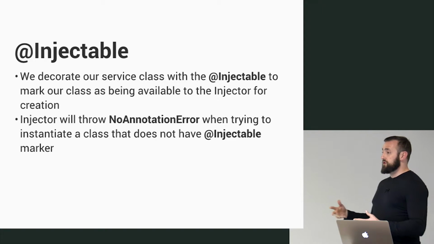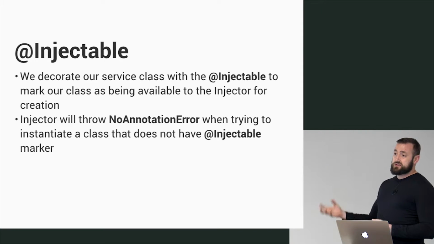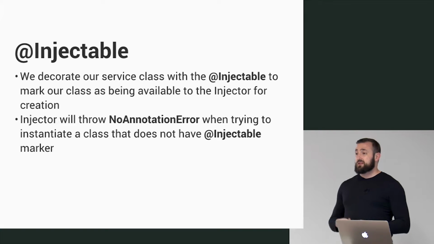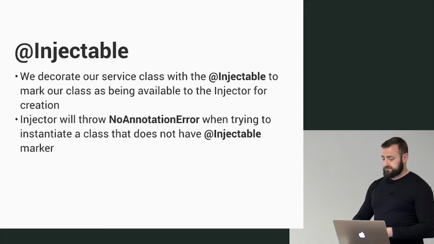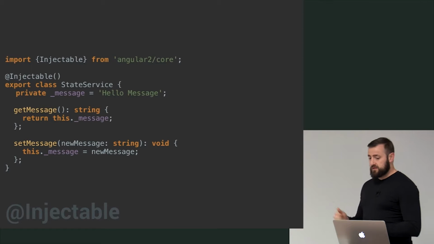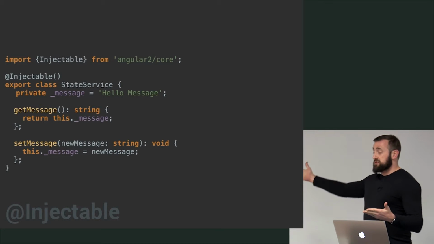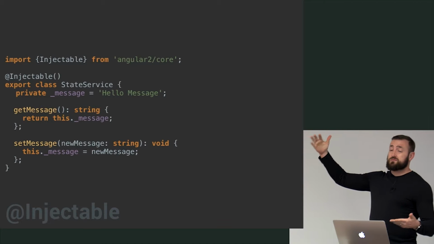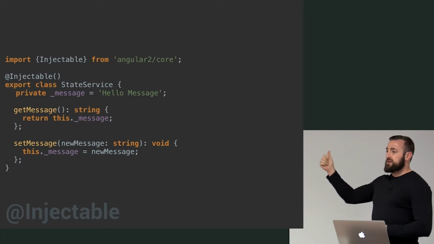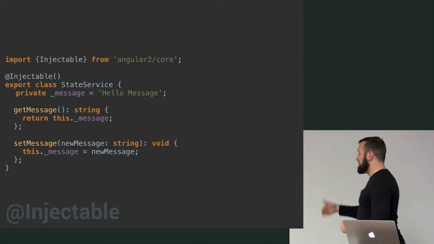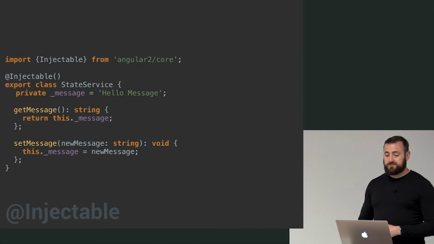Now, we'll throw a no annotation error if you try to inject something that you have not marked for injection, which I've done a few times. So in this case, real simple. You write your class, you define your API on it, like this is what I want this thing to do, and from there you import the injectable module and then you decorate it.